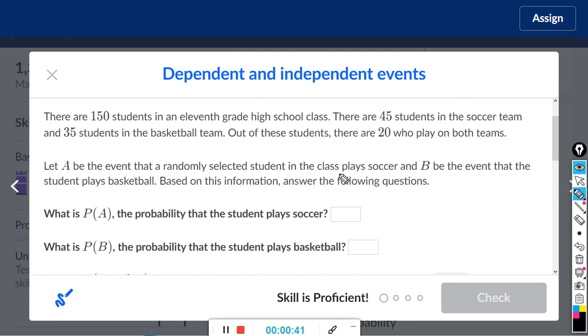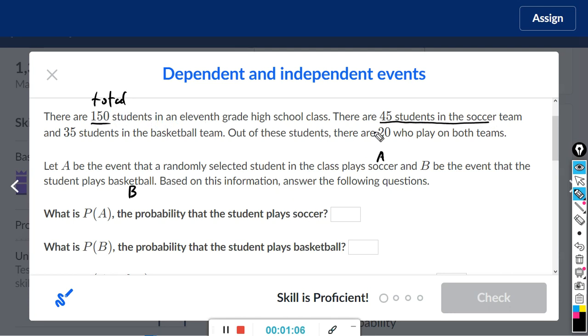All right, so soccer, they said, is event A, and the student plays basketball is event B. What is the probability that the student plays soccer? It said there are 45 students on the soccer team, and the total number of students in the 11th grade is 150.